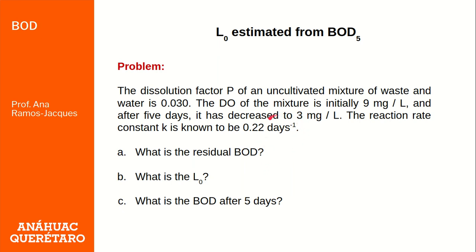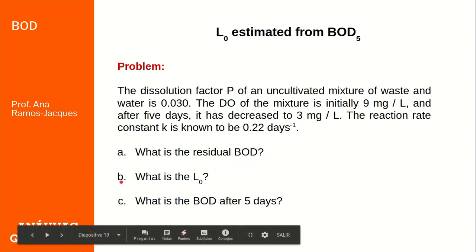These units maybe are not common, but we always have this kind of units when we are using a constant value, because it's used to obtain the correct units for all the equations. So they are asking us what is the residual BOD and what is the L0.